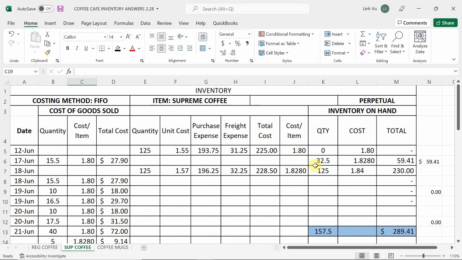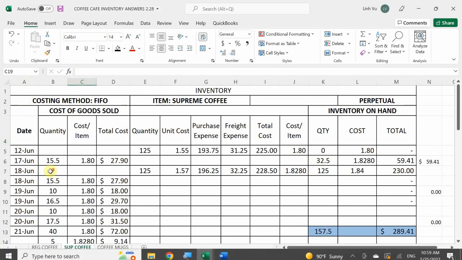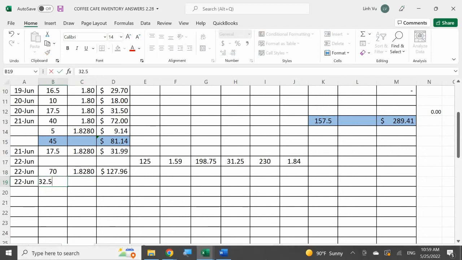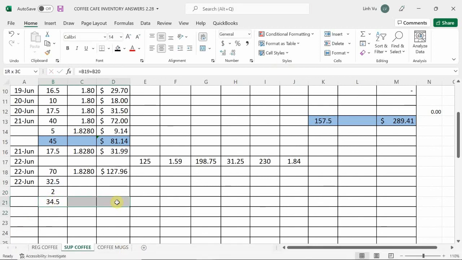Once I get rid of it, I still have to keep taking more out. So 32 and a half is what I can take from here. I need 2 more pounds to reach my end goal of 34 and a half.